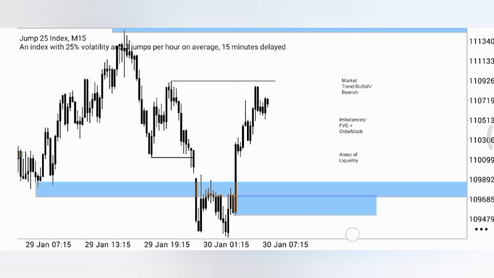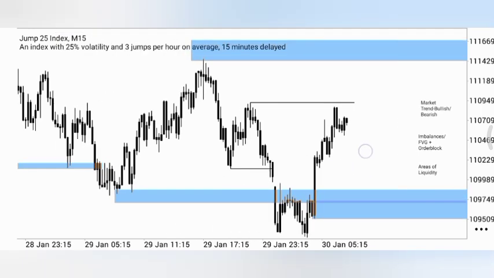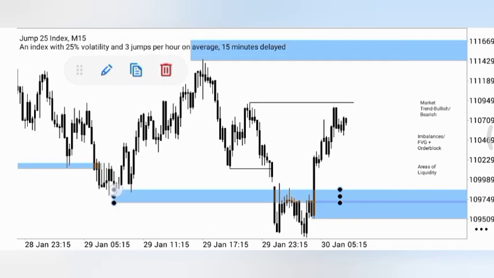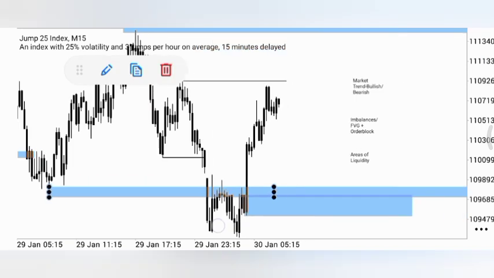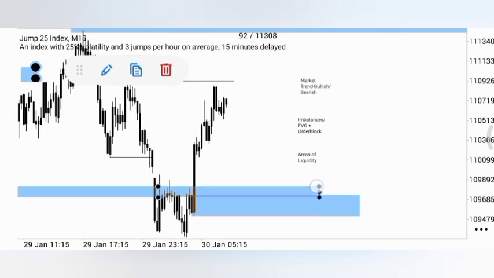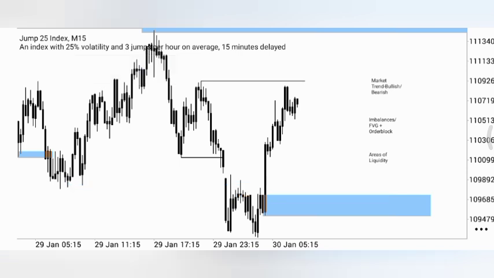What matters is if we are correct, right? And then we have an imbalance, and then we also have an order block right here. So this is a high probability setup because you can see that we do have confluence. I don't know if that's what they call it.